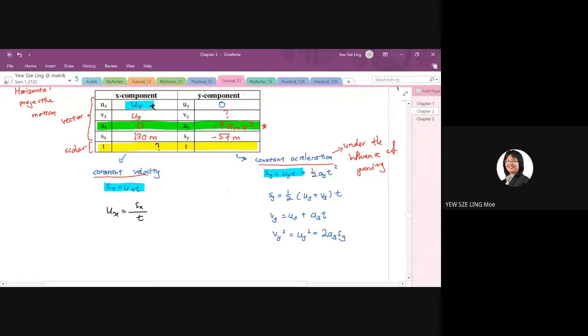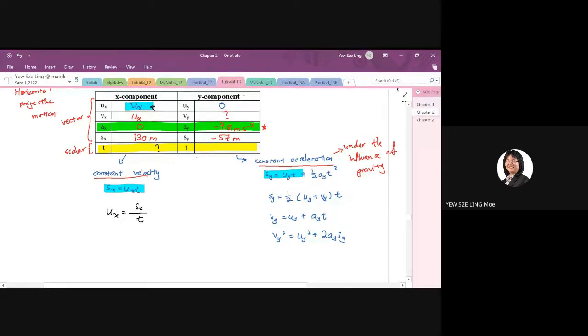But remember, time is a scalar quantity, which means you can determine time by using the y component. So you need to add an additional step, which is to calculate time first before you calculate Ux. So Ux equals Sx over t. Now we want to find t. The x component doesn't have t. Let's go to the y component.